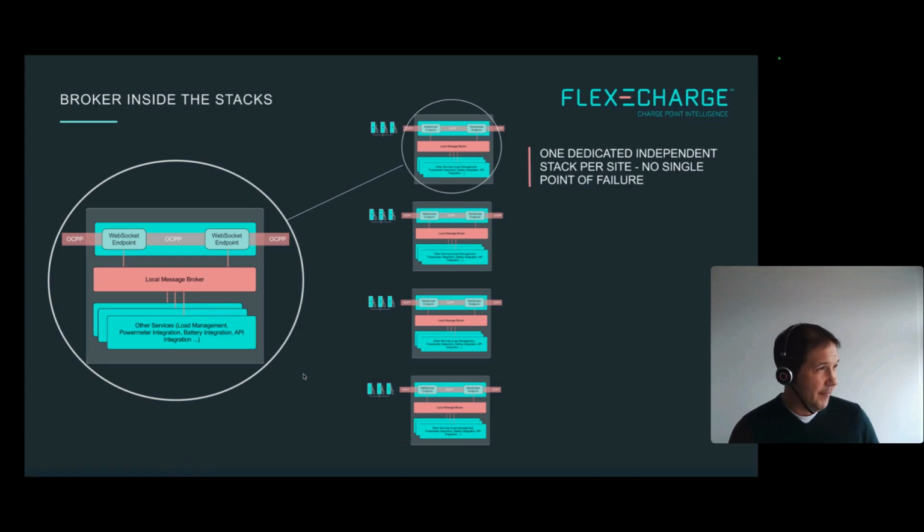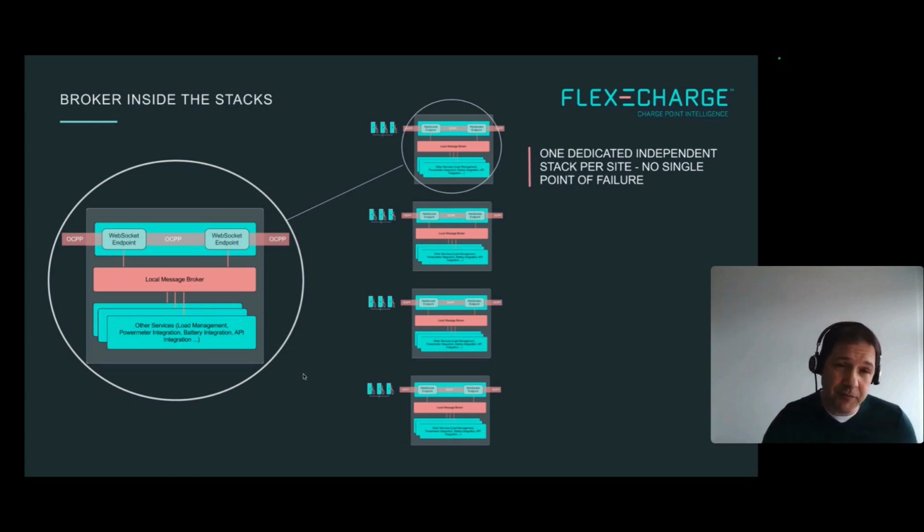How can I, for example, provide the data to a third-party software as a service provider like Available or any other? Or how can I extract OCPP data, or how can I get the data from all my power meters from a central interface or from a central connection point?